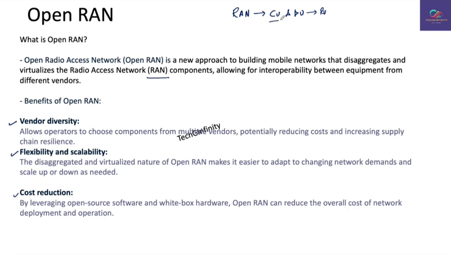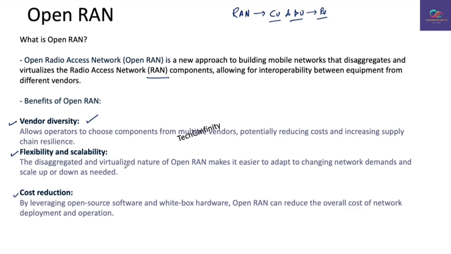When your CU and DU are from one vendor and the RU is from a different vendor, and you connect them, that makes your network architecture an Open RAN architecture. When you have the availability of different radio units from different OEMs, that gives you vendor diversity, which may reduce the cost of the radio unit and give availability of different features and different kinds of radio units from different vendors. This is the benefit we are getting out of Open RAN.